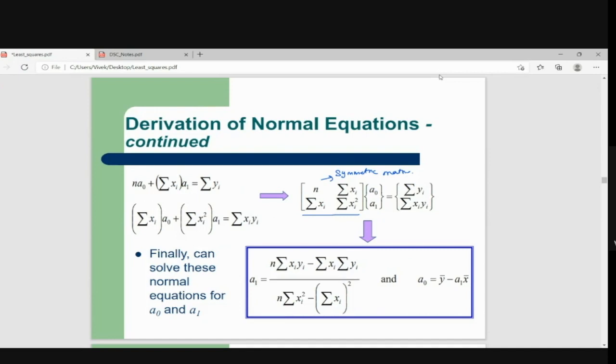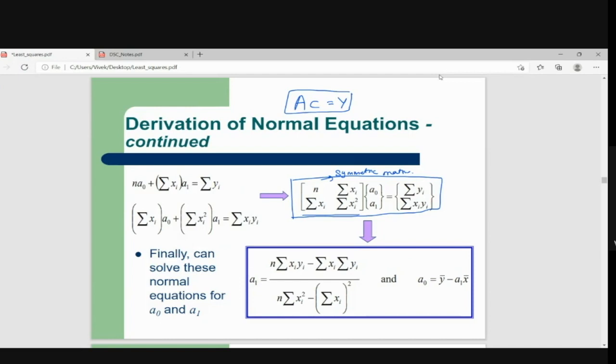And now the question is, I want to solve this system of equations. How will you solve this system of equations? This becomes a type of A, and this I call C, and on the right hand side I call it Y. So this is my system of equations, 2 by 2.